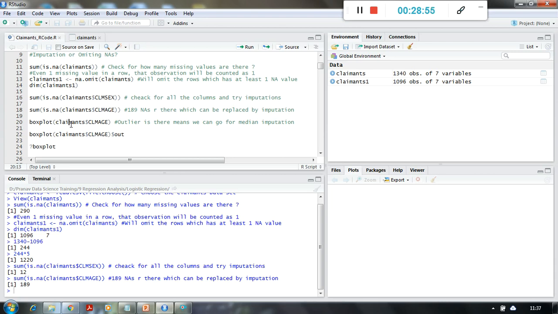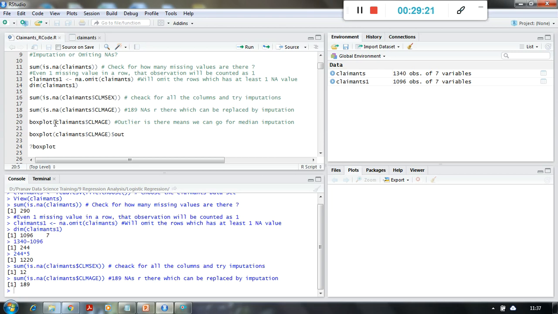Okay, now let us check whether there are any outliers or not, right? So 189 NAs are there which can be replaced by imputation, but then by which imputation? As we have seen, median doesn't get affected by an outlier value.